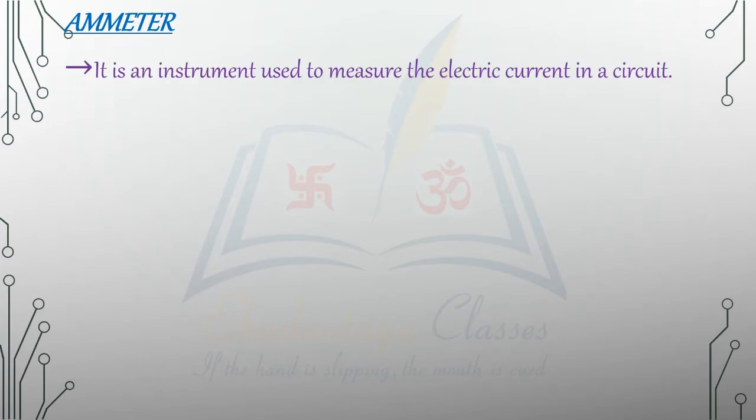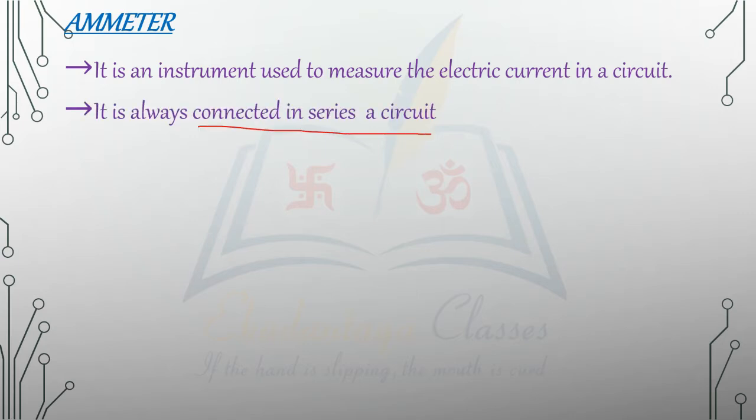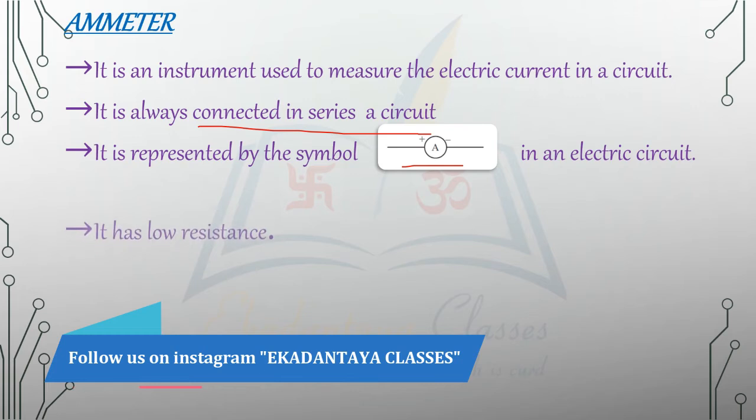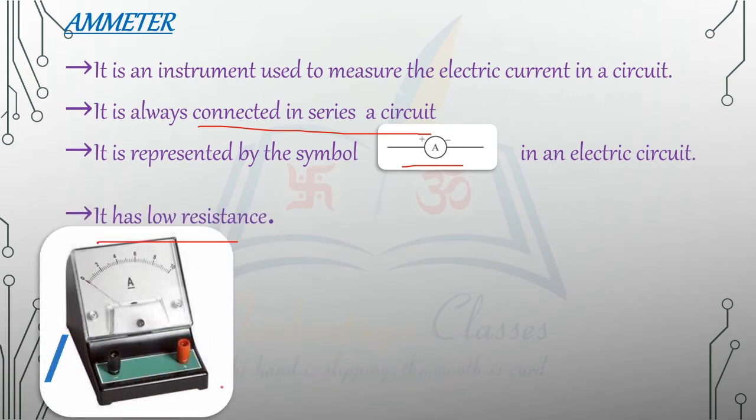Ammeter. It is an instrument used to measure the electric current in a circuit. It is always connected in series in a circuit. I showed just now on the previous slide. It is usually represented by a symbol. This also I have shown. It has very low resistance. These are some ammeters. This is negative, the black one is negative, and here is positive.